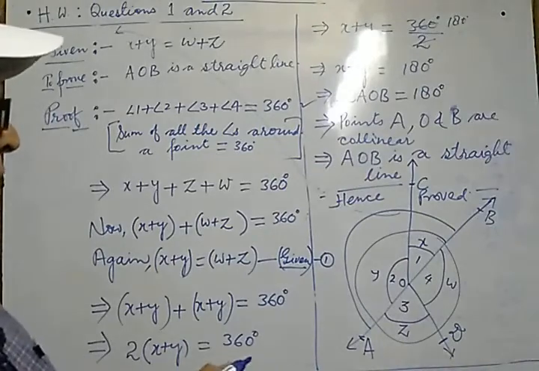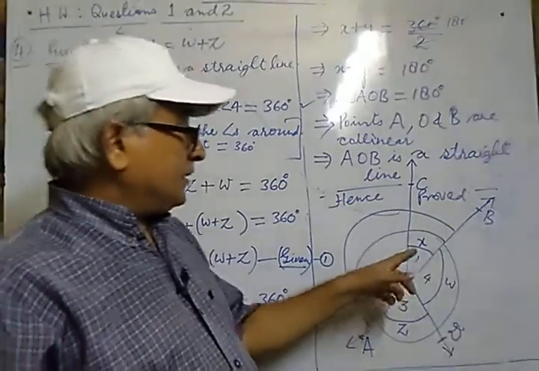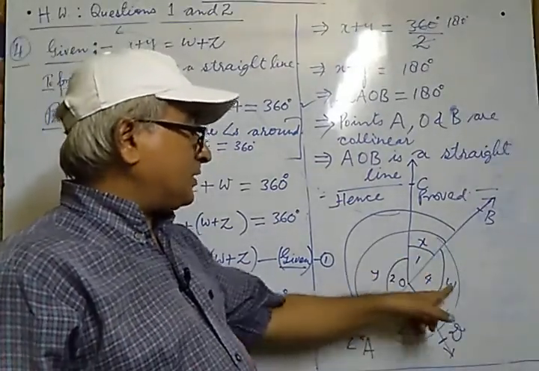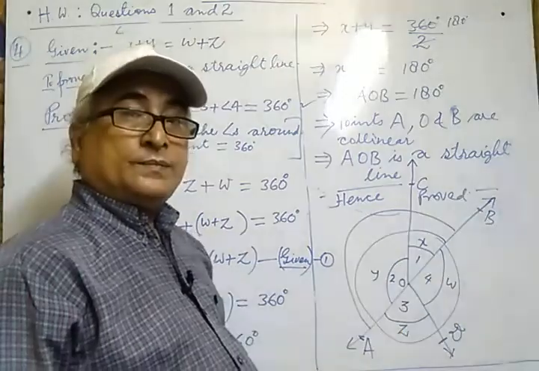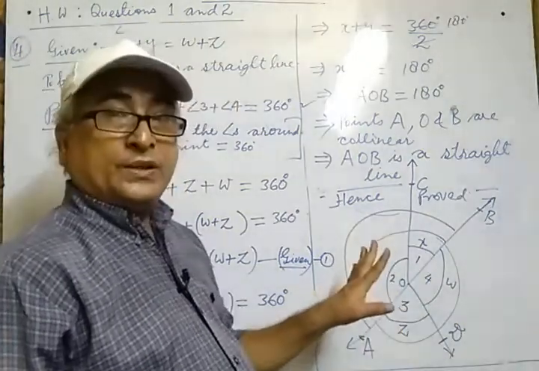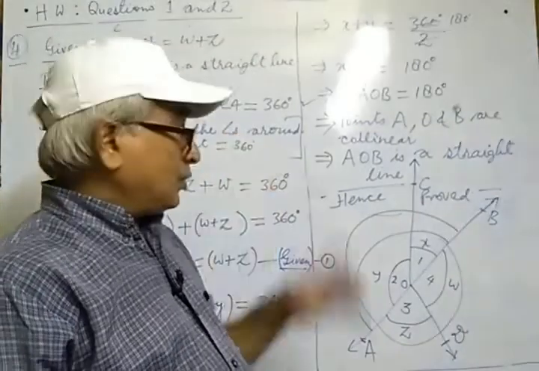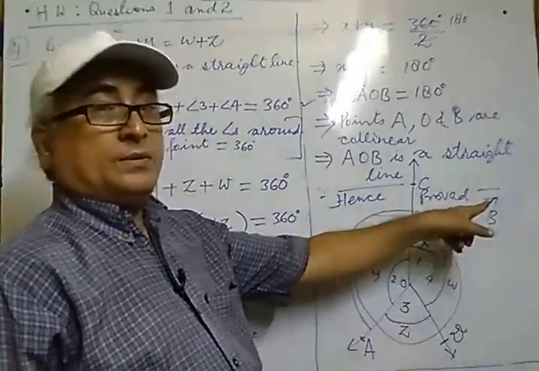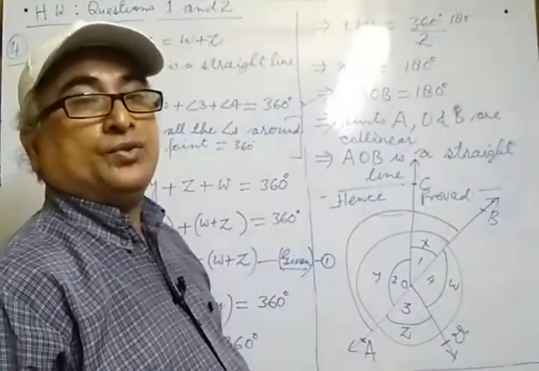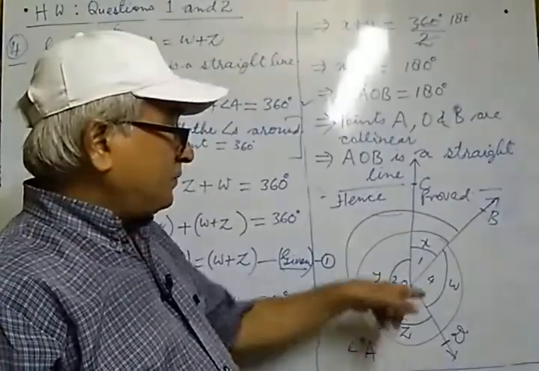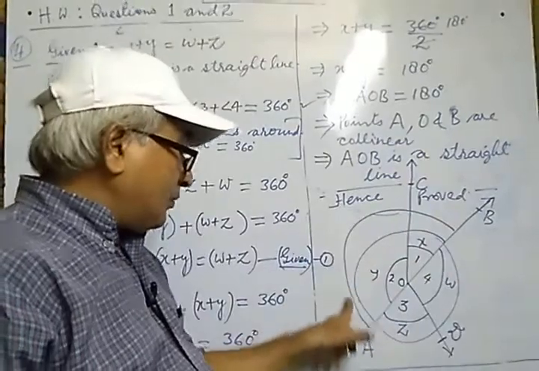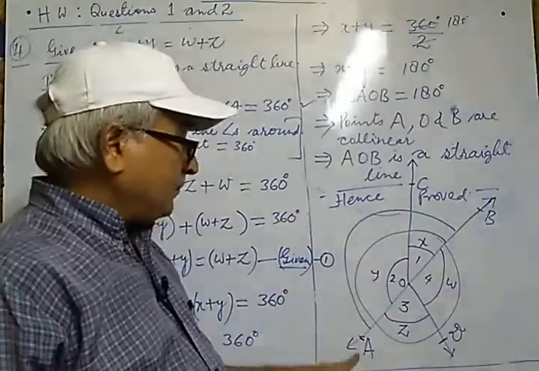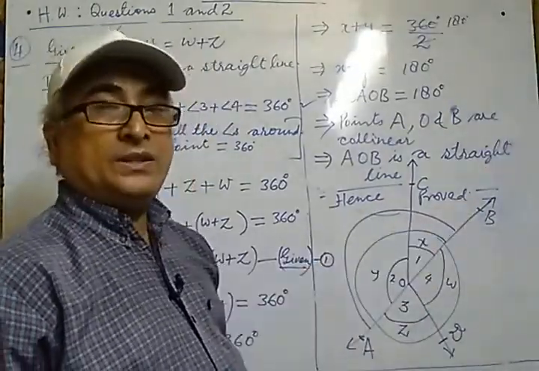Once again try to follow. It is given that x plus y equals w plus z. It is given in the figure and the condition is given. So we have to show that this AOB is a straight line. How can we show? If we prove that this angle equals 180 degree, only then AOB will be a straight line.